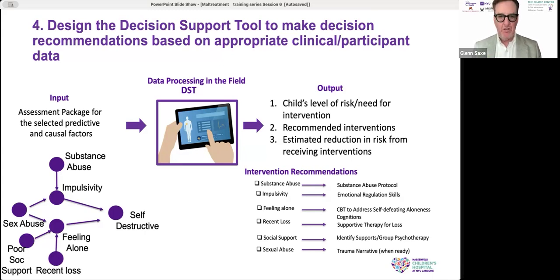If someone gives you information about any of these factors and it reaches a certain threshold value that you might program in, then it will say, yes, this is an intervention that's needed. You could also do it with continuous variables, but ultimately a yes and no is how these tools best work.